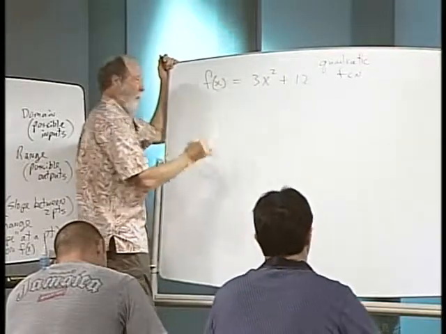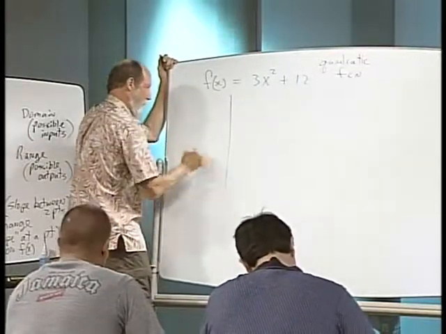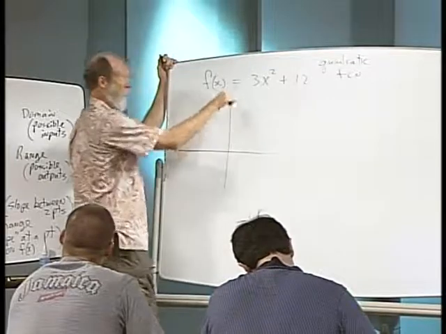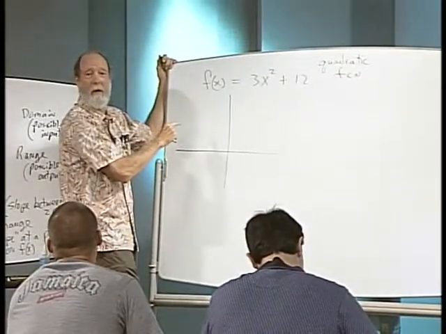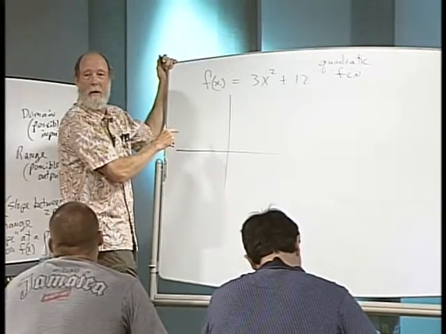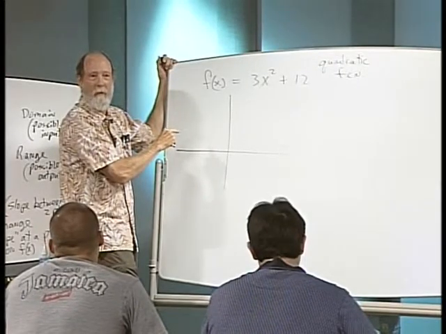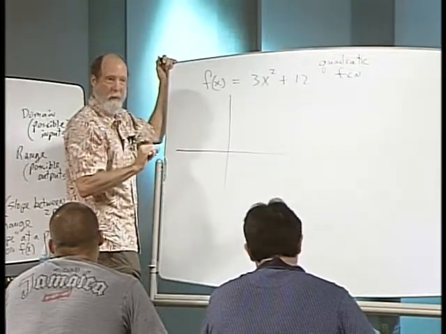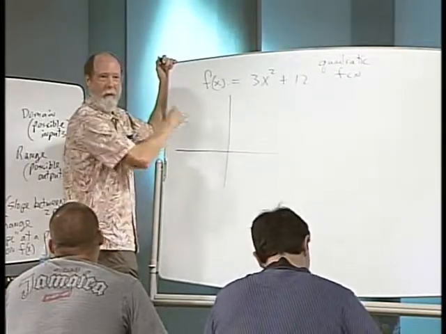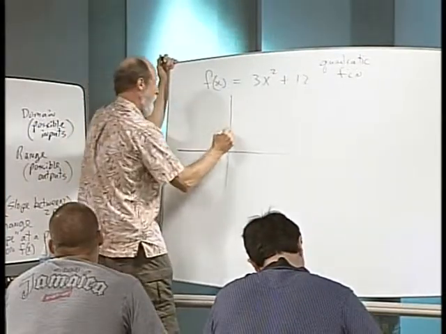If I would draw a sketch of this, I'm going to go ahead and do it. And you'll know how to do this. How many of you know what the sketch of this looks like without touching your calculator? A few of you, from maybe remembering something from back in your intermediate algebra. But you're all going to know within about a week exactly how to sketch this thing as quickly as I can do it. It's going to look something like this.